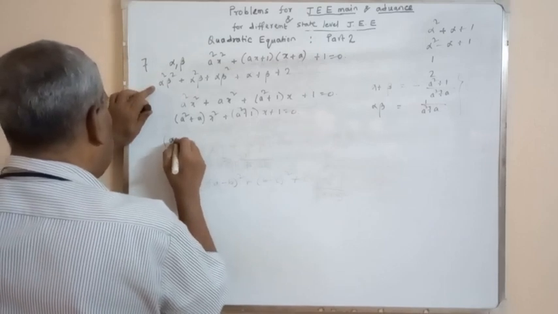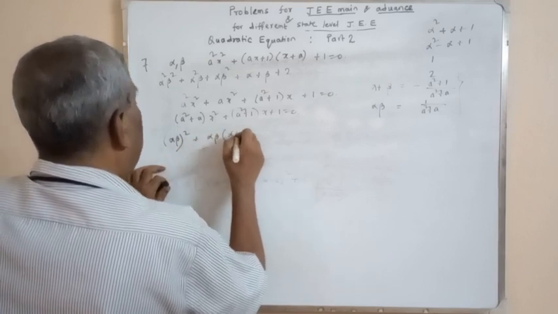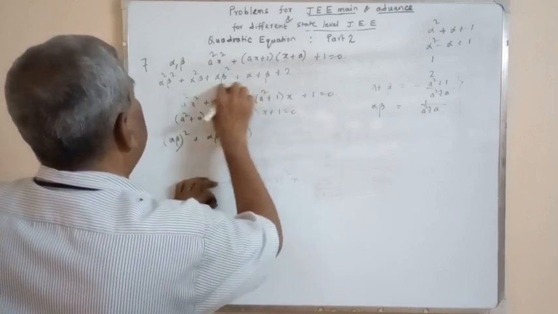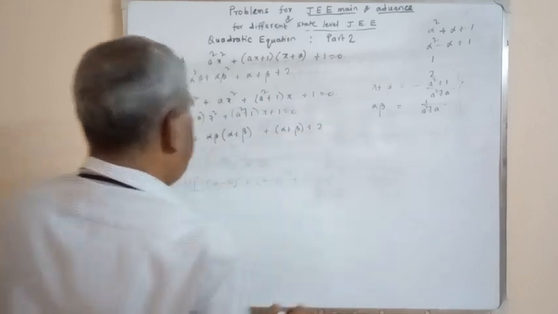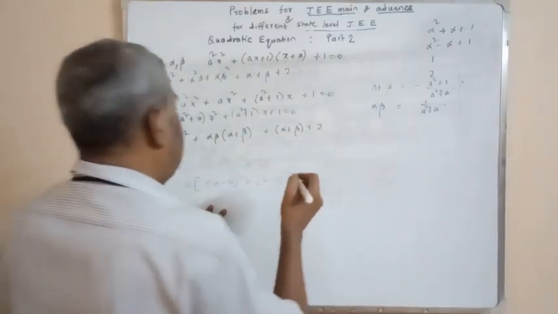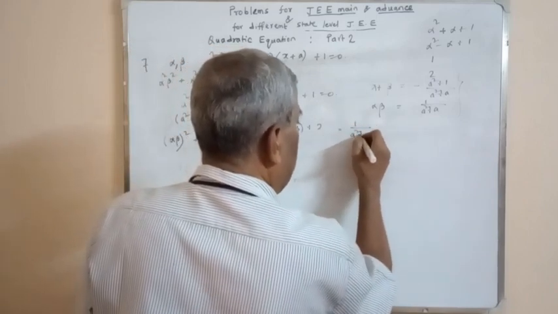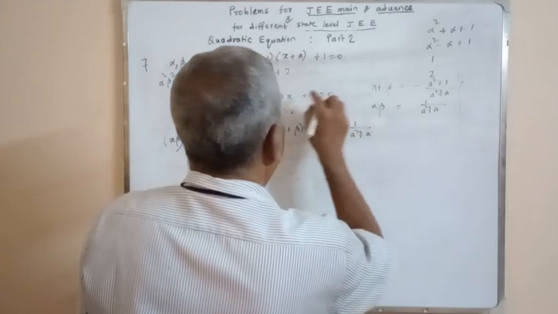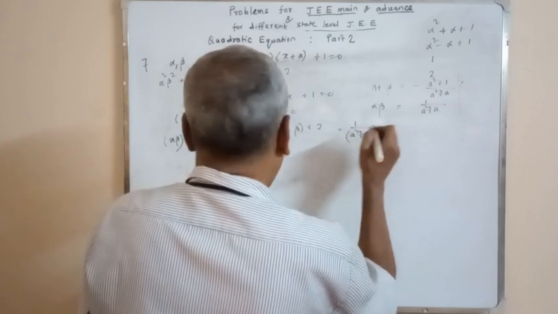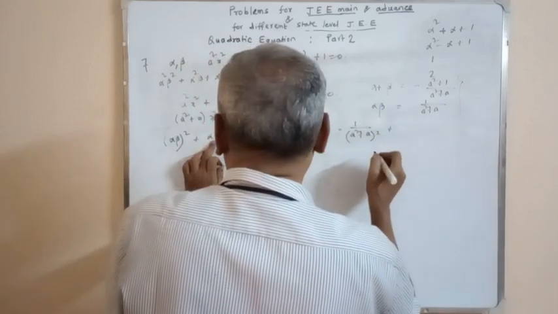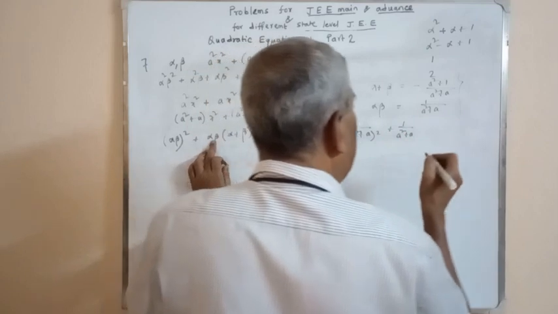alpha beta whole square, we know it, plus taking alpha beta common, alpha plus beta from these two, plus alpha plus beta plus 2. Alpha beta whole square means 1 upon a square plus a whole square, plus alpha beta, that is 1 upon a square plus a, into alpha plus beta.